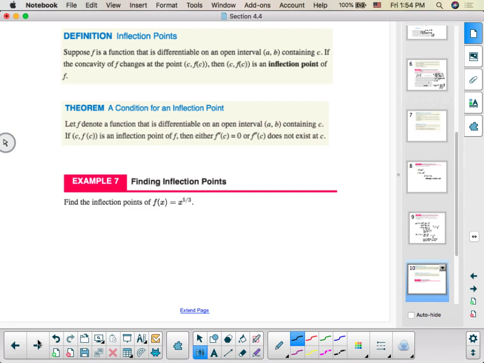Critical numbers do not. So if we're going to find the inflection points for x to the 5/3, first find the first derivative, and then find the second derivative.